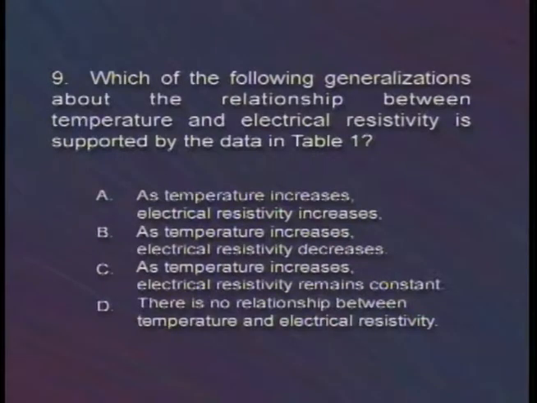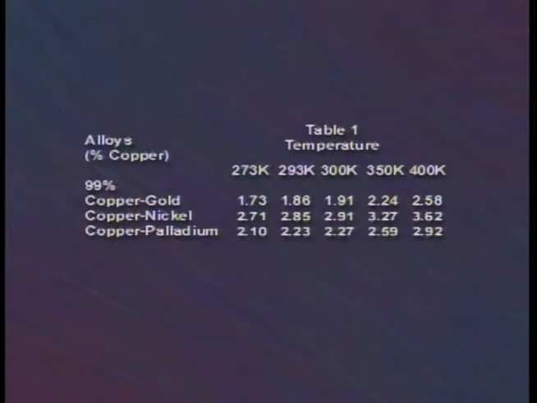Question 9. Which of the following generalizations about the relationship between temperature and electrical resistivity is supported by the data in Table 1? Well, we've actually already anticipated the answer to this question. From the first row of data, we noted that as temperature increases, so does electrical resistivity.